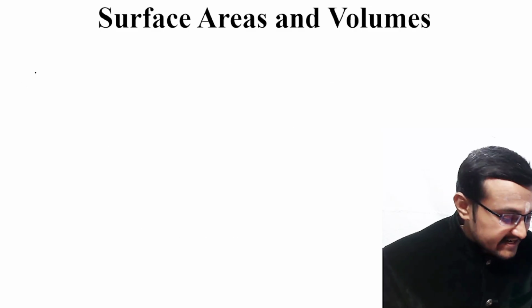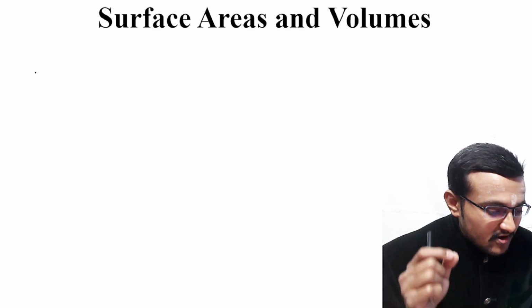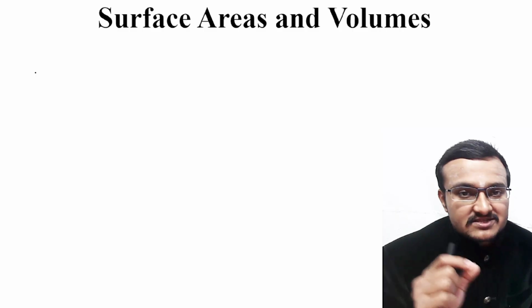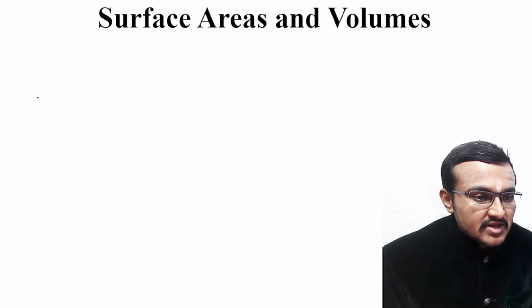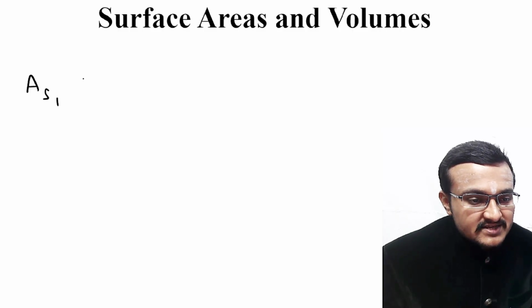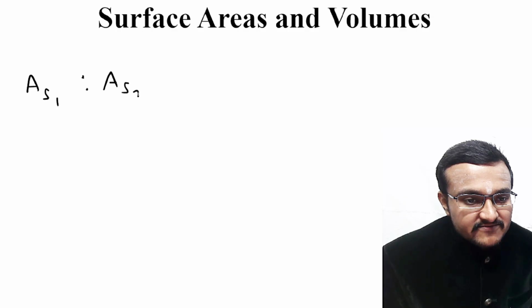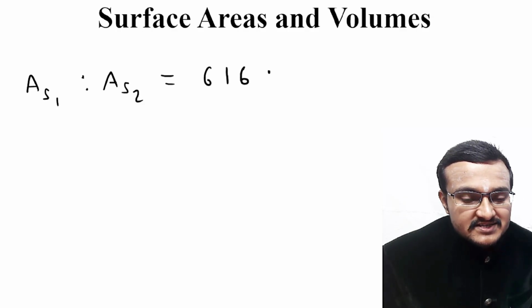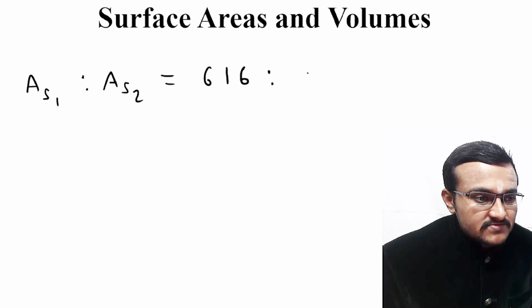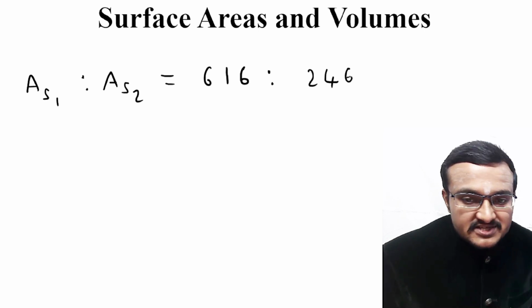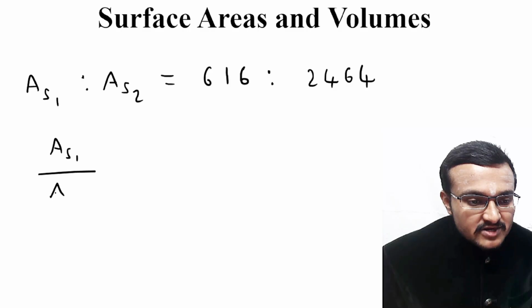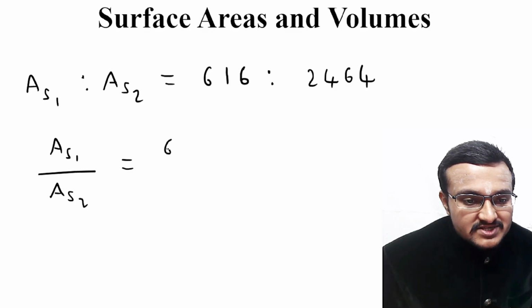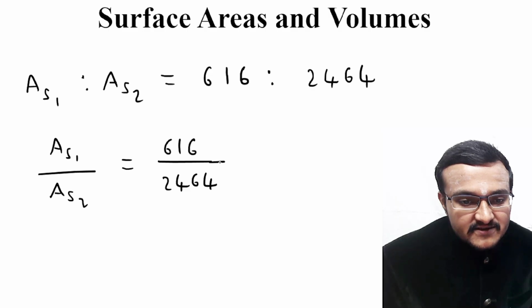Now we have to find out the ratio of surface areas of the balloon in both the cases. So the first surface area is to the second surface area, that is 616 centimeter square is to 2464 centimeter square. So that means AS1 by AS2 will be equal to 616 divided by 2464.